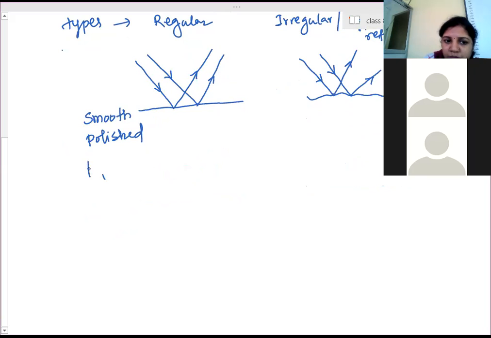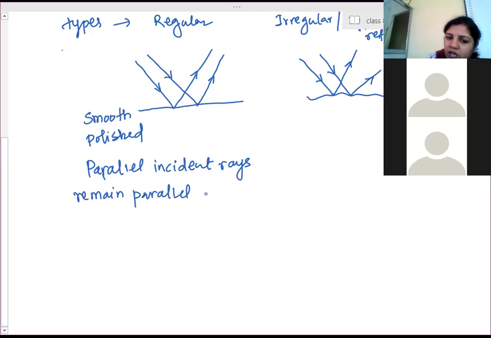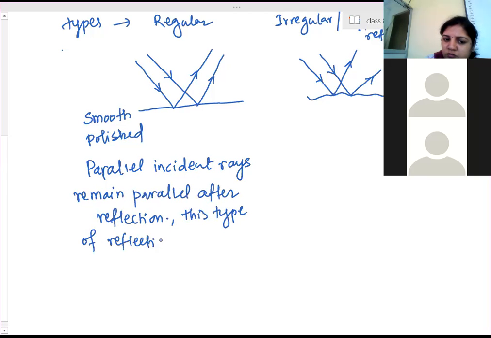The parallel incident rays remain parallel after reflection. This type of reflection is regular reflection.